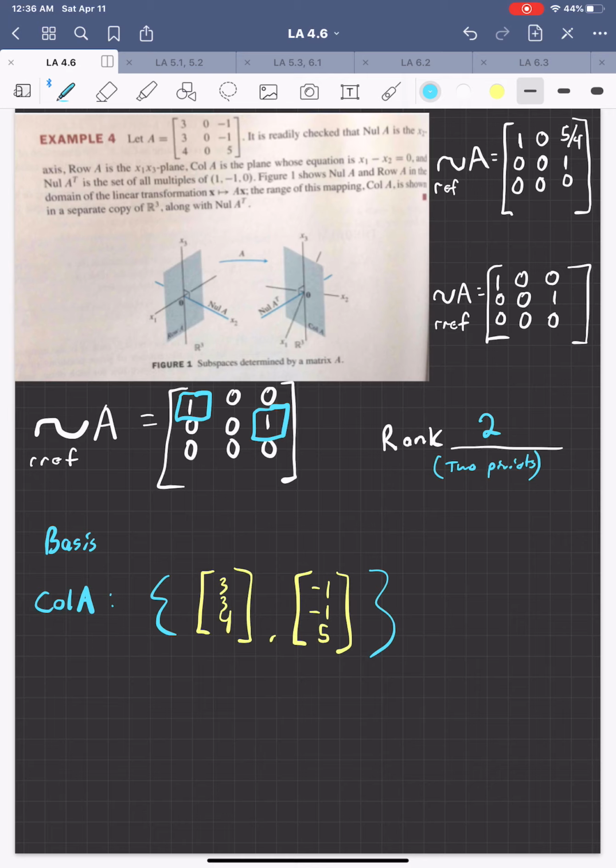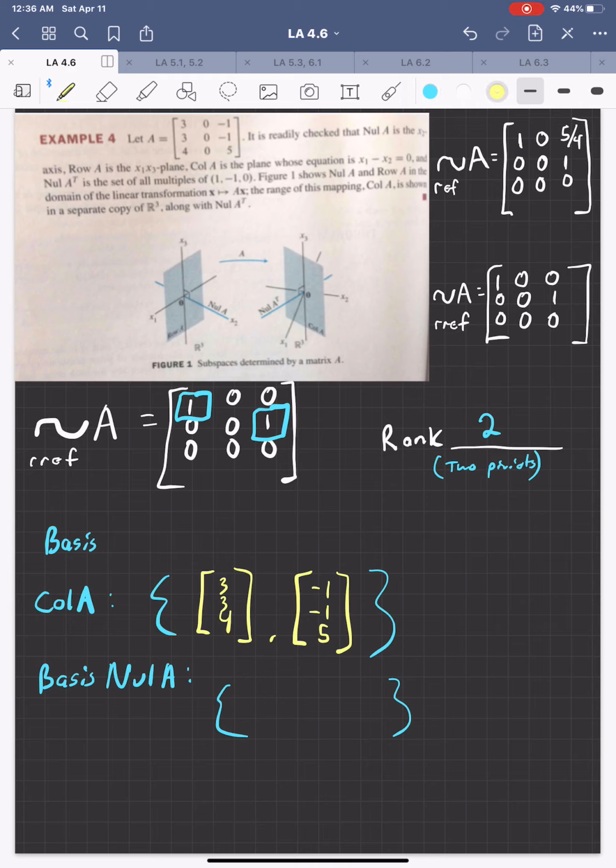Now let's look at the basis. Actually, we'll do the basis for the null space right now. All right, well, when you're forming the basis for the null space, I tell you what, why don't you try this to see if you can do it, because I shouldn't be just leading you this far.